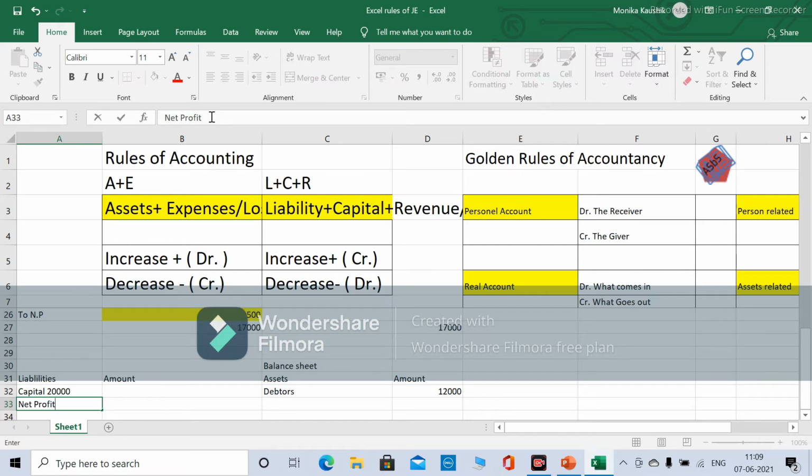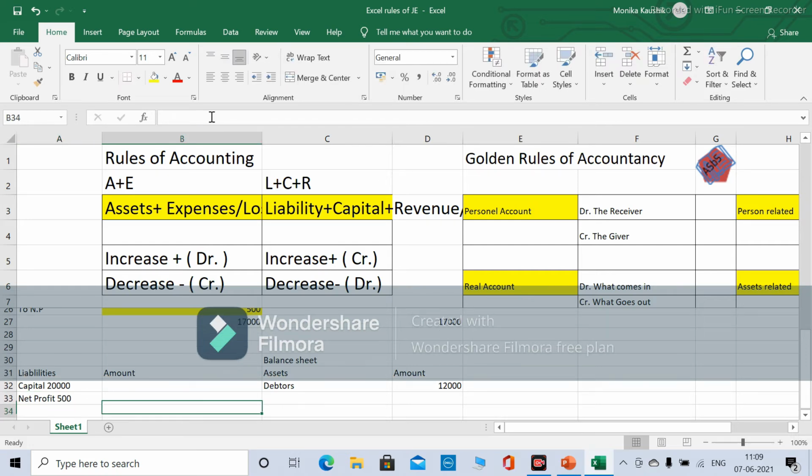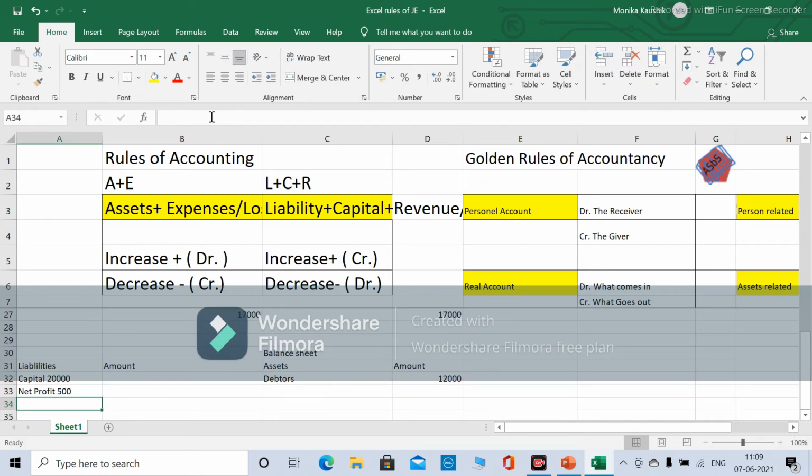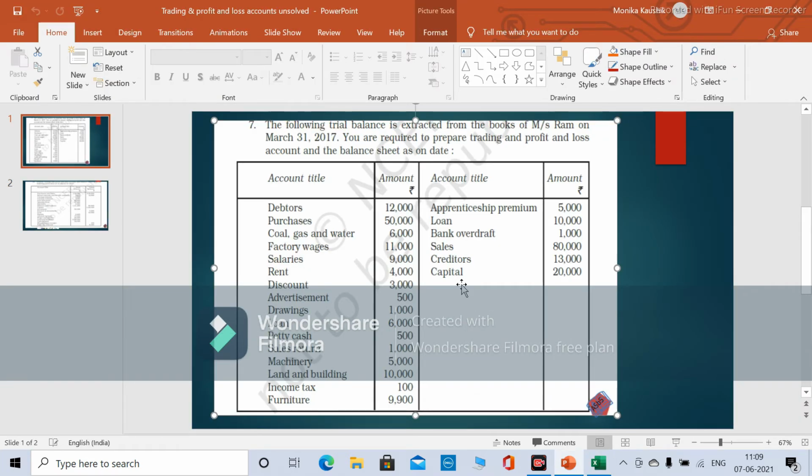If I get any net loss, then I will deduct it from the capital. In this case, 20,500. Here is the net profit, so I am adding it to the capital.